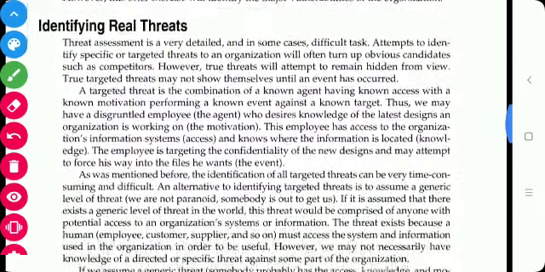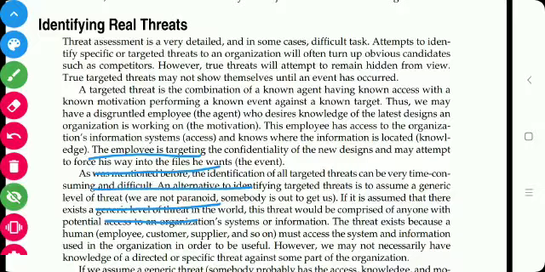Then identifying real threats. Threat assessment is a very detailed and in some cases difficult task. A targeted threat is a combination of a known agent having known access with a known motivation performing a known event against a known target.